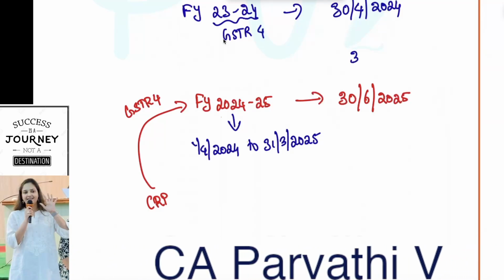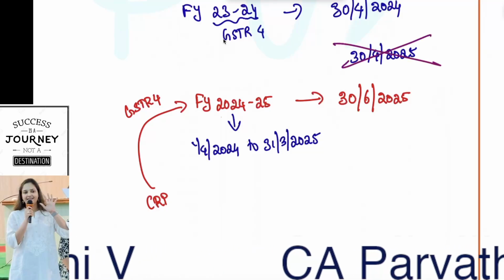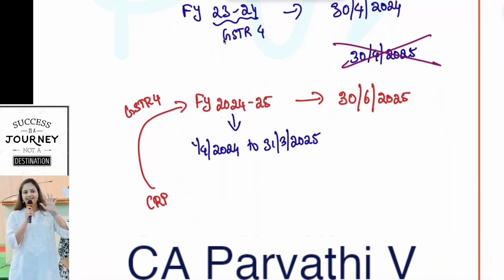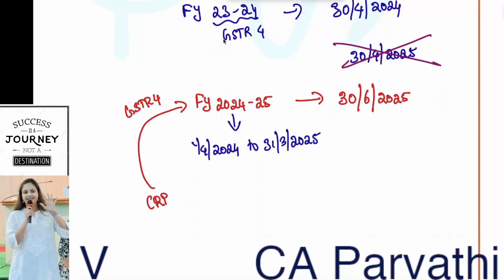It used to be 30th April 2025, that is 30th April of the following financial year. Now it has been amended to 30th June of the following financial year. So that is the only amendment, and that is for GSTR 4.